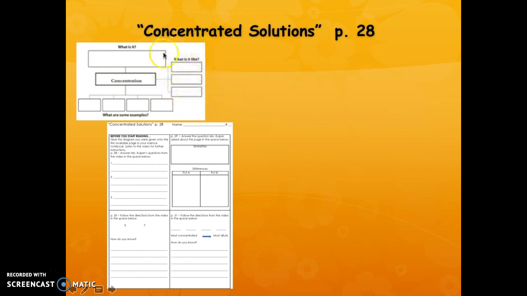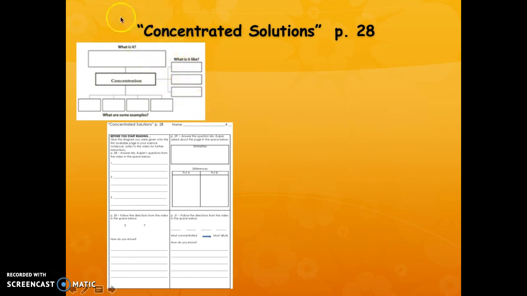Now, over here on this section, what is it like? Think about the things that we've learned. How would you describe it? For example, when we look at those 4 vials, the one that's really concentrated, what does a solution look like when it's really concentrated, if it's colored? Maybe here you could think about what we did with the salt solutions on the balance scales.